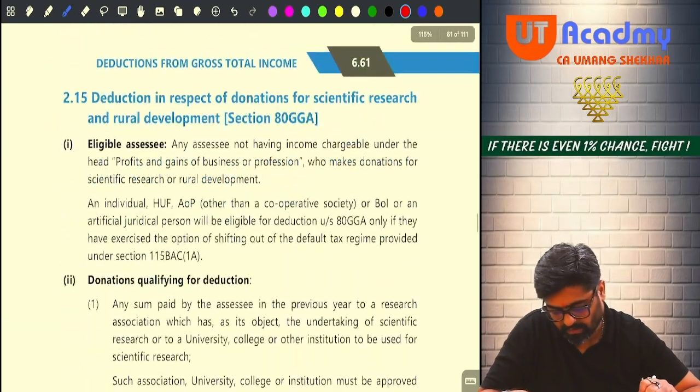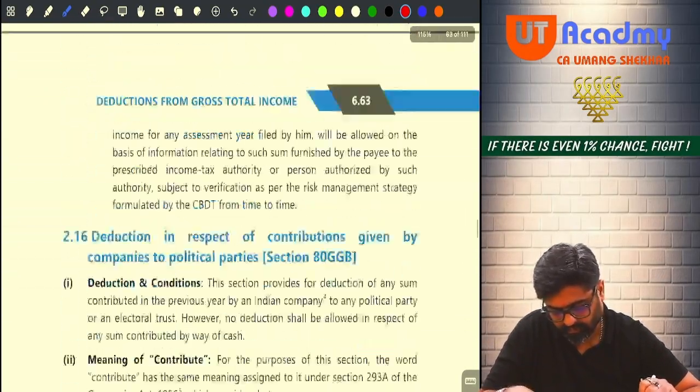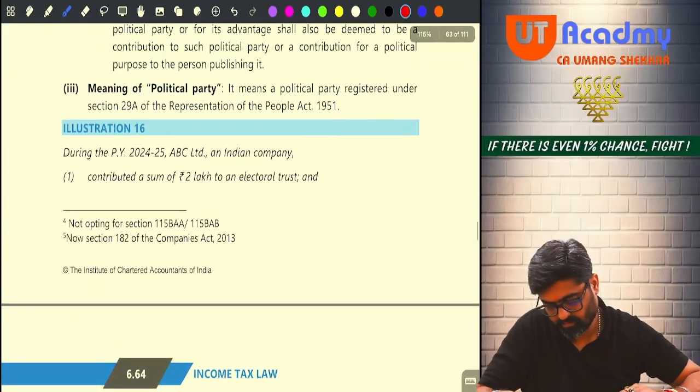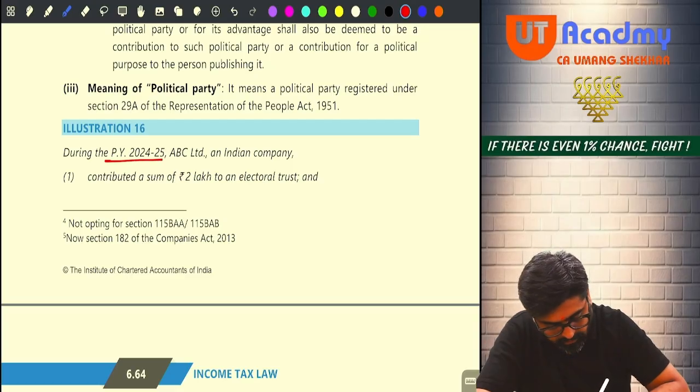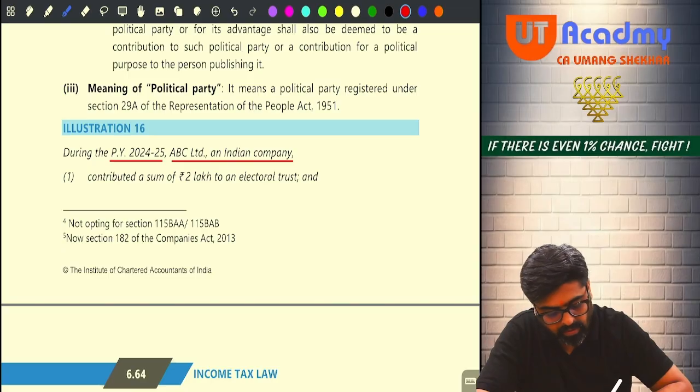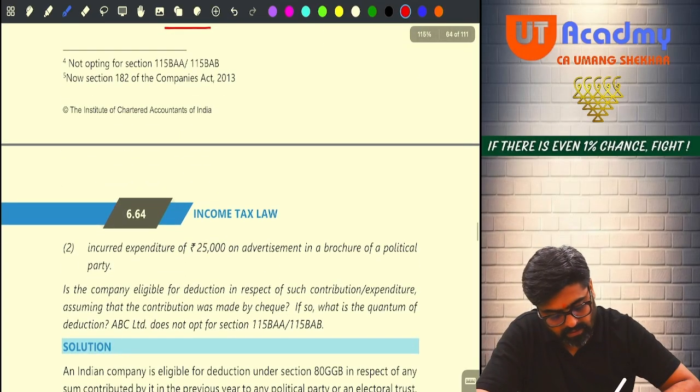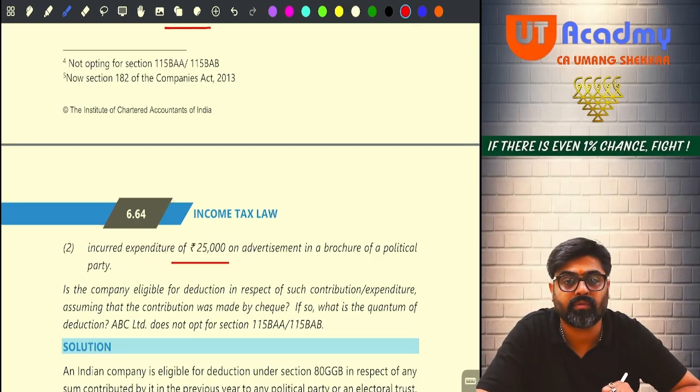Now coming to illustration number 16. See, during the previous year 24-25, ABC Limited, an Indian company, contributed a sum of rupees 2 lakh to an electoral trust and incurred expenditure of 25,000 on advertisement in brochure of a political party.